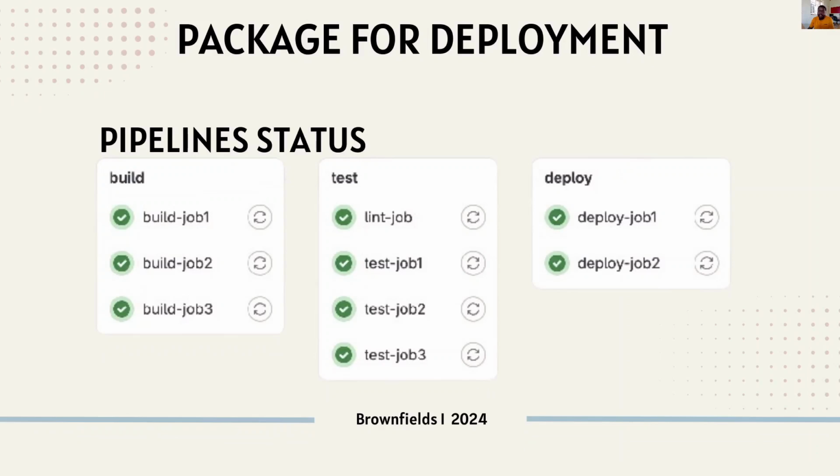Also packaging for deployment and pipeline status. We're going to demonstrate how automated tools ensure the integrity and consistency of the project files, validating that the project meets the given specifications.